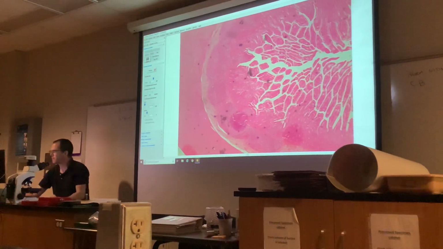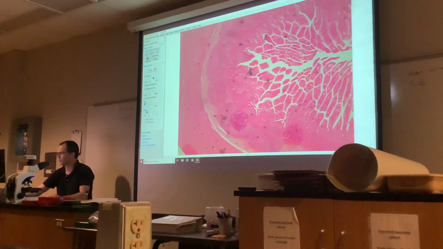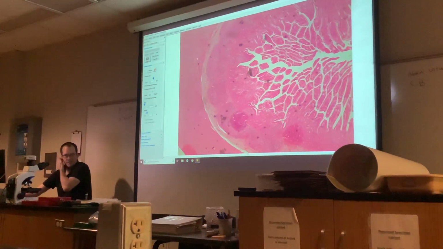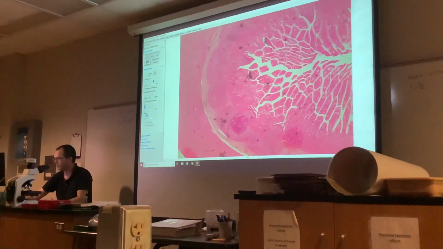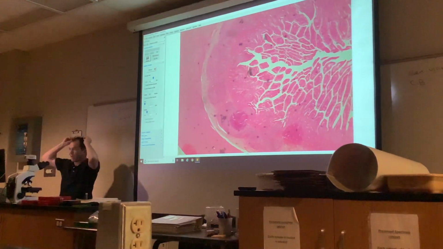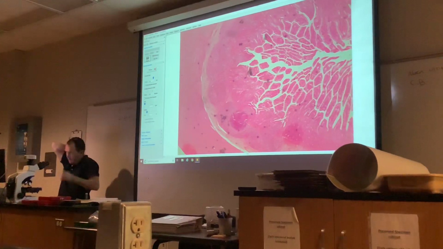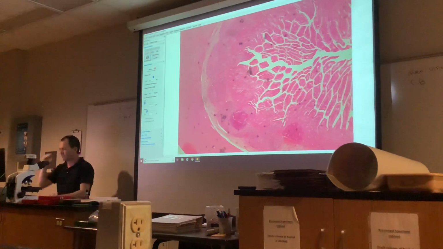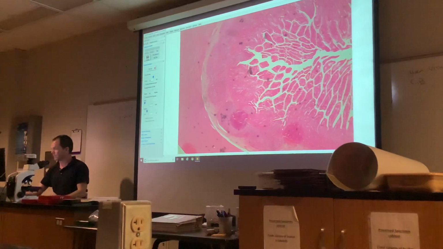Anytime you see this circular ring shape, you know you're in a tube. And if you see this big lumen in the middle that's all broken up like this, you're probably in the digestive system. We're not doing the cardiovascular system, so you're not going to get any major veins or blood vessels here.